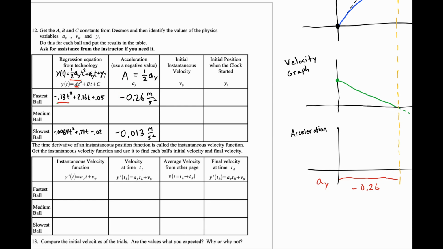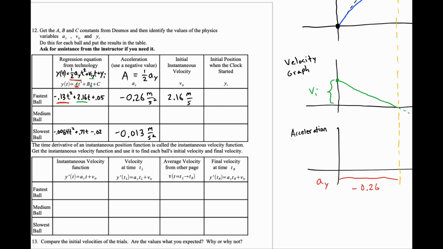But now you want to find what was that initial velocity that you rolled it with, VI. So now you want to look to this number. Alright, so 2.16, and the units will be meters per second.